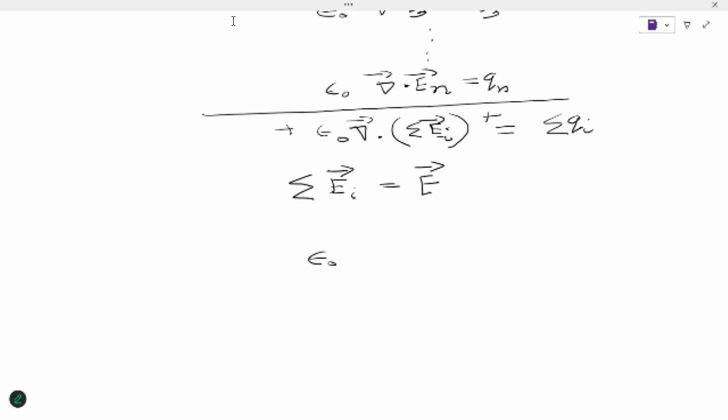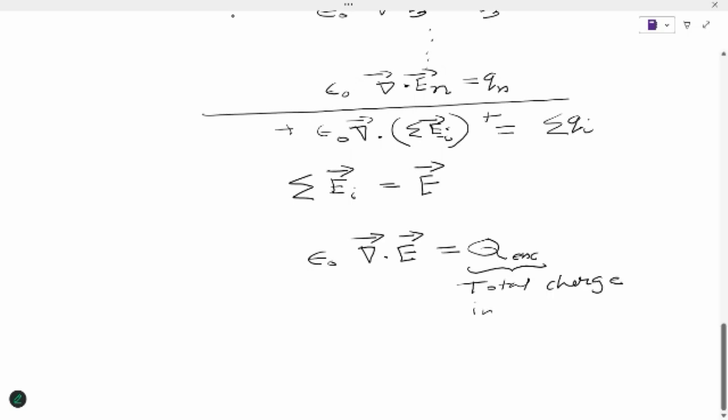So epsilon naught divergence of E equals Q enclosed. This is total charge in the volume, and this is the resultant electric field.